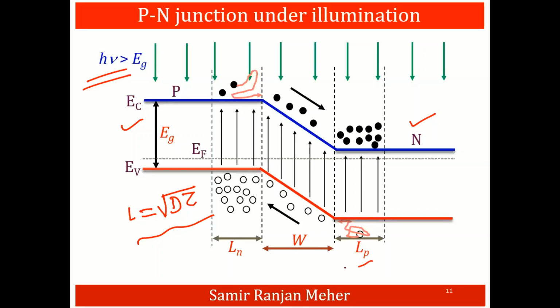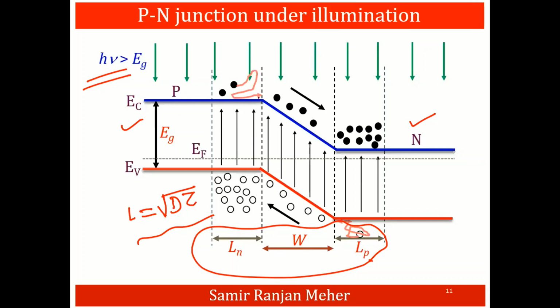So the region of interest in the PN junction based solar cell is this particular width, that is Ln plus W plus Lp. Lp is the diffusion length for the hole, Ln is the diffusion length for the electron, and W is the depletion width of the PN junction. In this region, whatever electron hole pairs there are, they can be separated and collected across the external circuit.